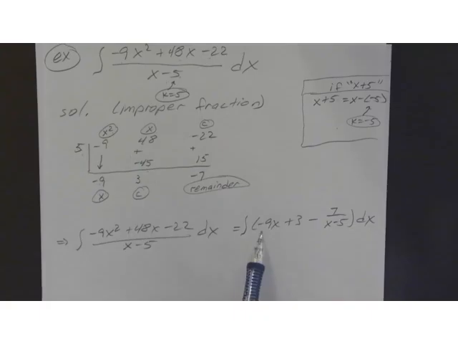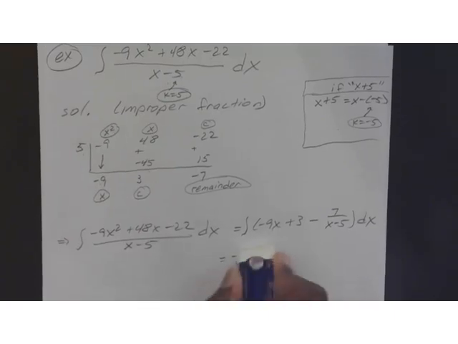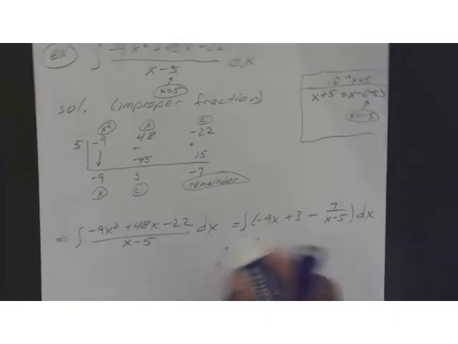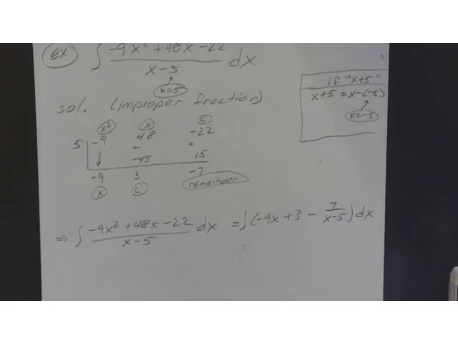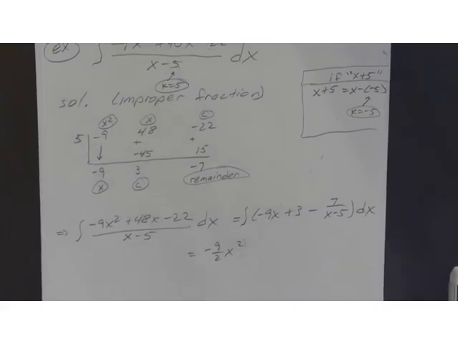And then we can integrate this one. So negative 9 times the integral of x. The integral of x is x squared over 2, so that's negative 9 over 2 x squared, plus the integral of 3 is 3x.